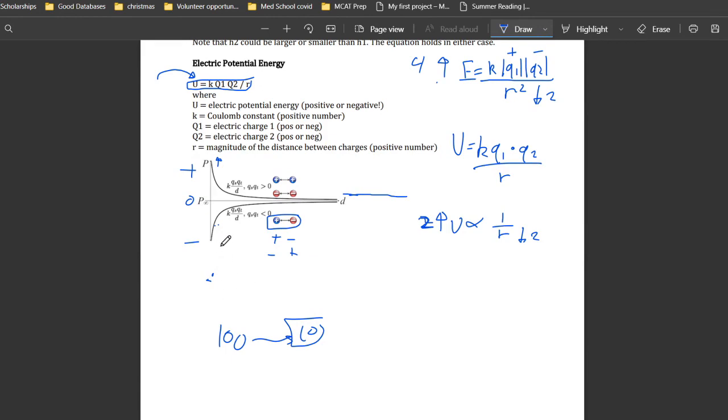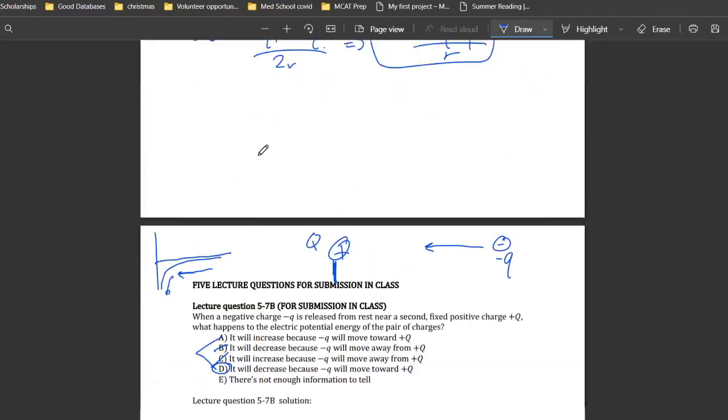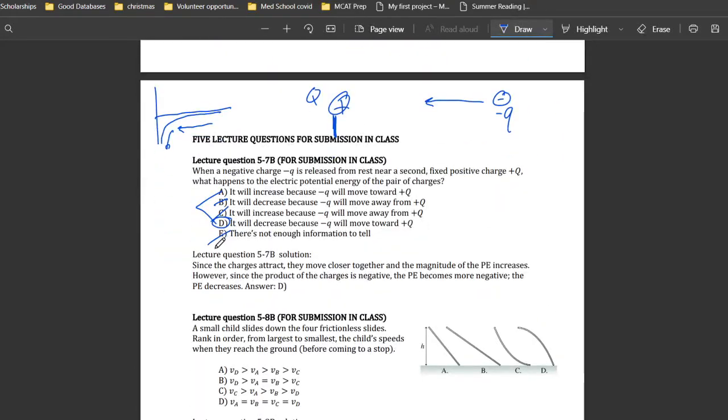It infinitely becomes less positive. So because of this, D is the answer, and E is also false because we have enough information to tell what will happen to these two charges. So that is the last question we have for this video.